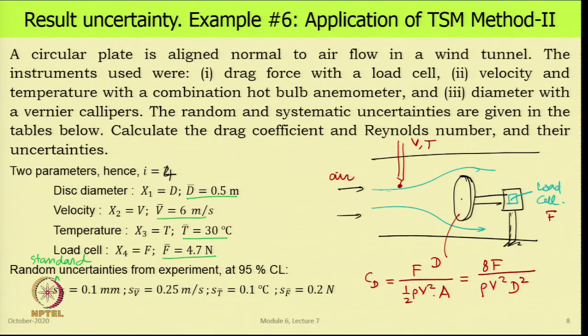Now, when you see this problem, we got rho here, and if you look at the other result formula, Reynolds number, this is rho v d divided by mu. Rho and mu have not been measured, but we have measured the temperature, and that is the basis on which we will get rho as a function of temperature, mu as a function of temperature, and then we can go ahead with this calculation. So, let us see how to solve this problem.